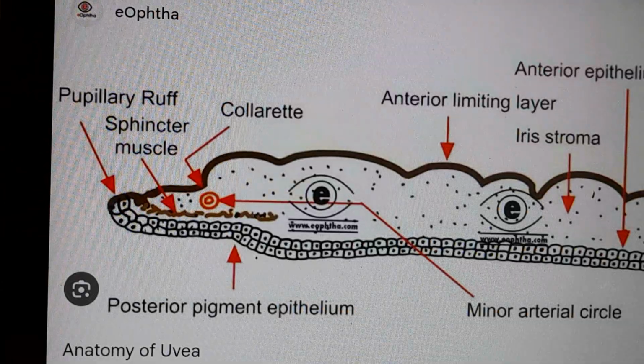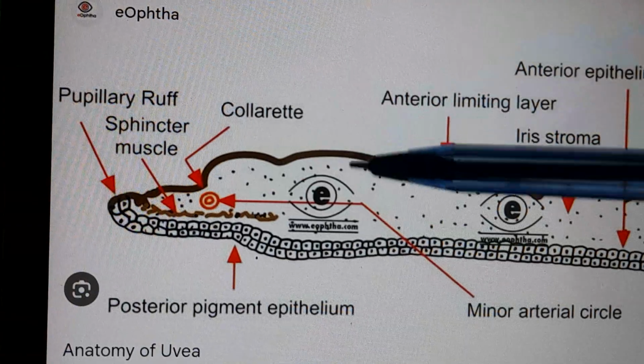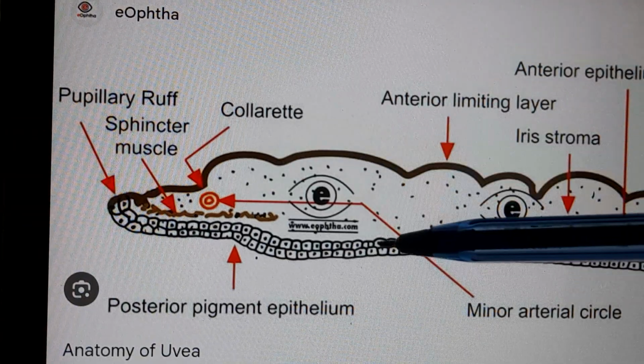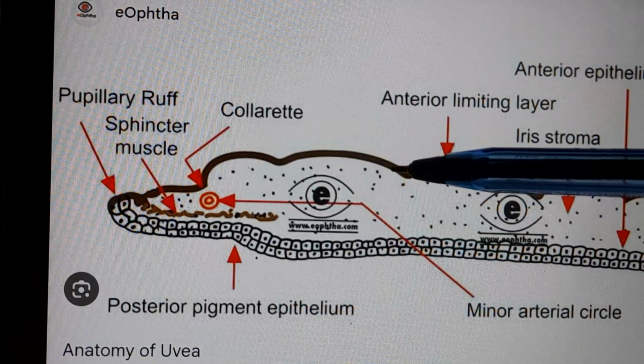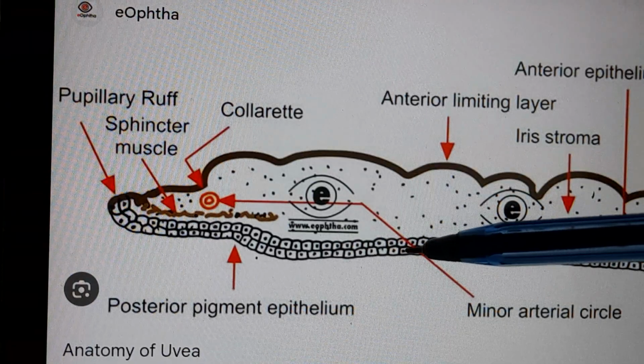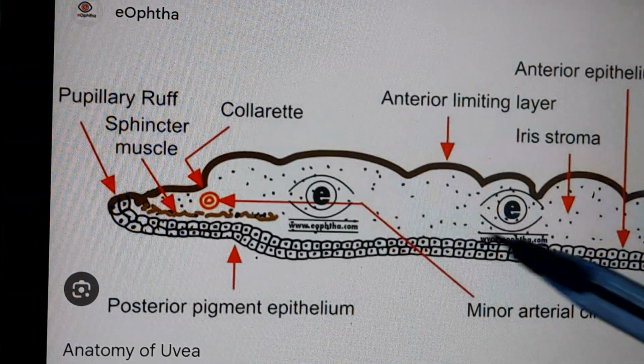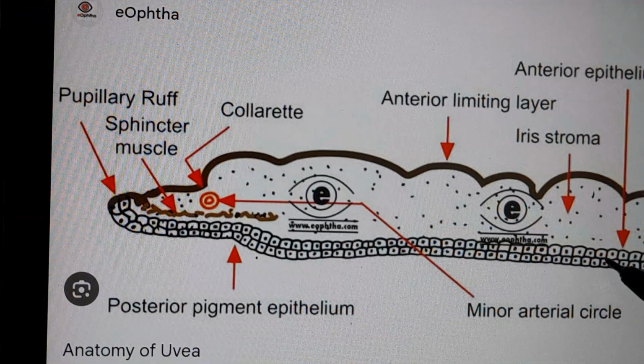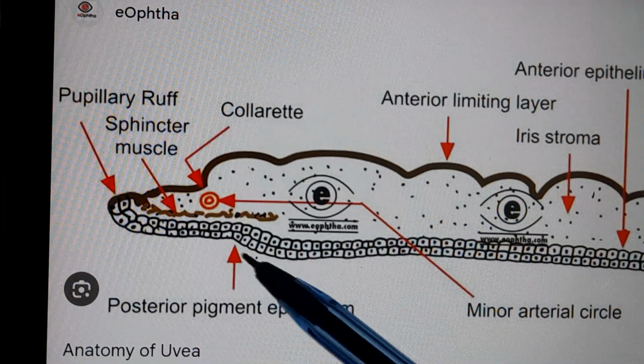Now if we look at this diagram, we can see the histology of the iris. We have an anterior side and a posterior side. The anterior side is devoid of epithelium, but the posterior side has its own epithelium, which is further divided into an anterior epithelium and a posterior pigment epithelium.